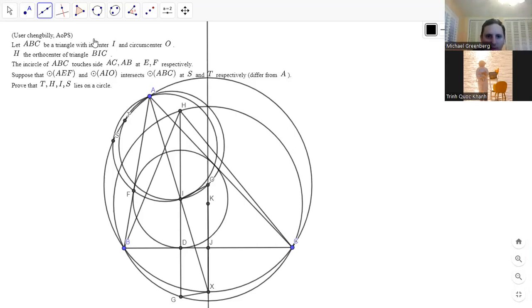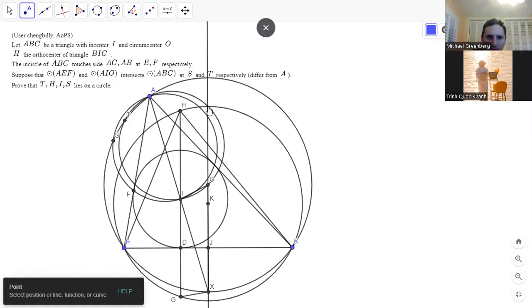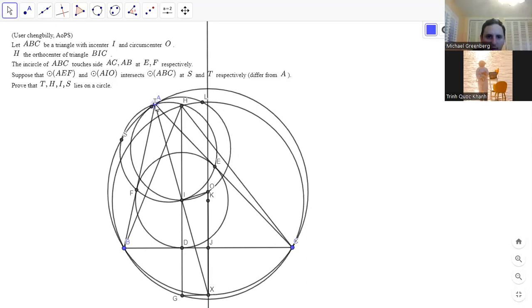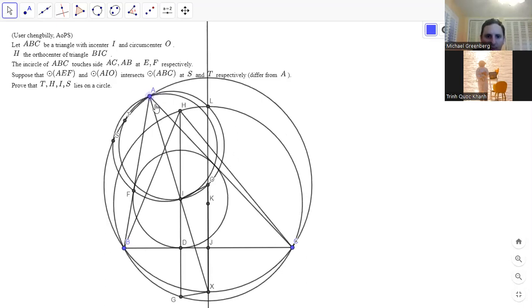I wonder if these are always concurrent. Okay, not necessarily. Okay, draw AW perpendicular to BC.